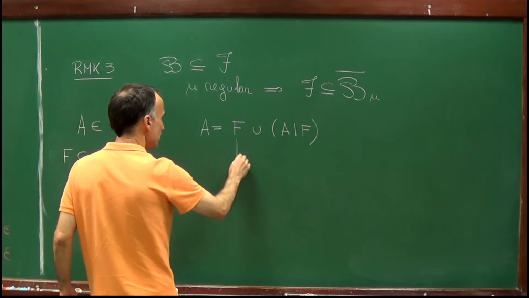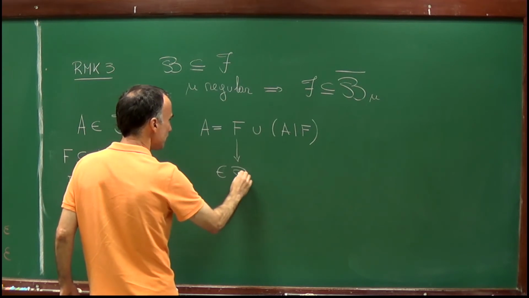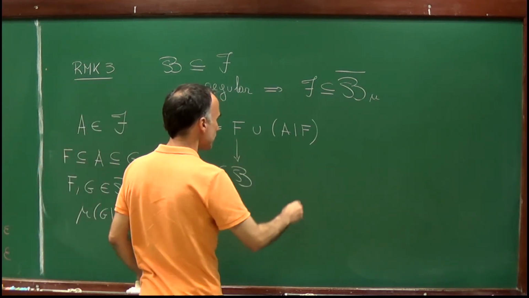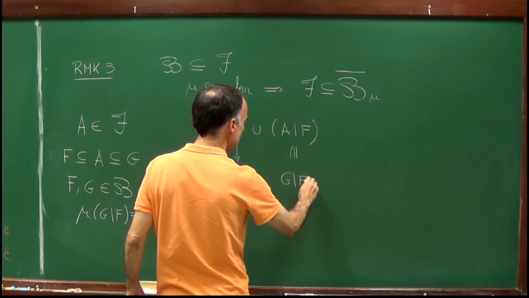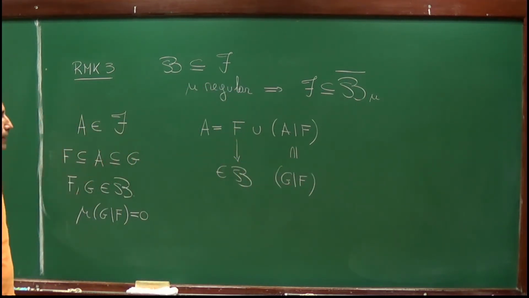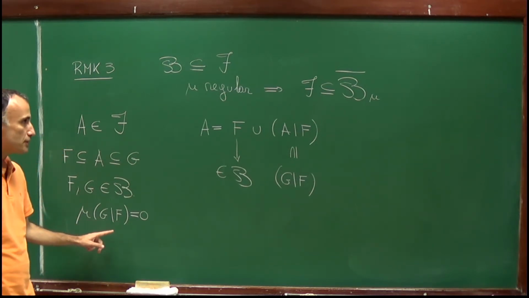F belongs to the sigma algebra B because we have seen that already. Now, A minus F is contained in G minus F because A is contained in G. And we have seen that the measure of G minus F is 0.